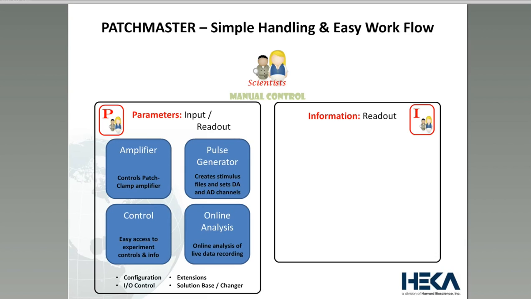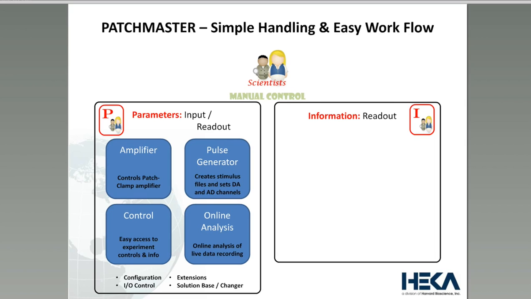Today, we talk about the windows shown here in blue. From the parameter windows, we of course discuss the amplifier window, the pulse generator window that allows you to create stimulation sequences, and we will talk about the control window and the online analysis window.